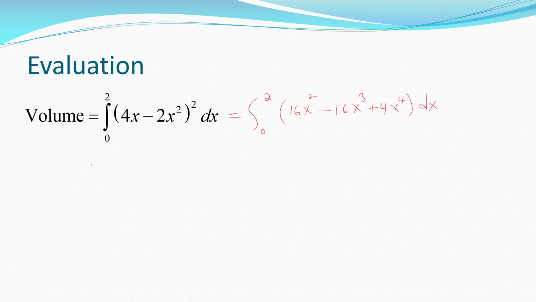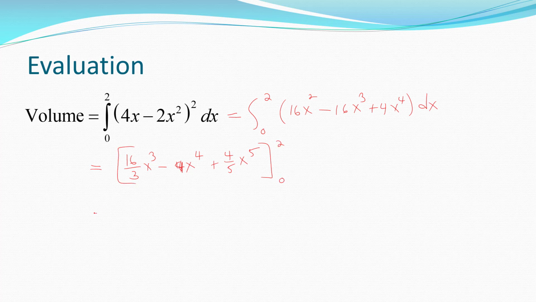That would then be equal to 16 over 3 x cubed, minus 4x to the fourth, plus 4 fifths x to the fifth, and we evaluate that from 0 to 2.